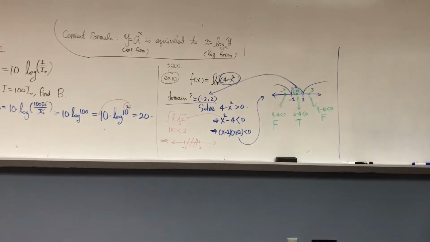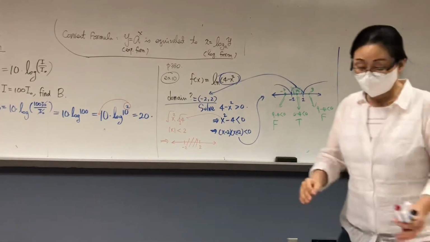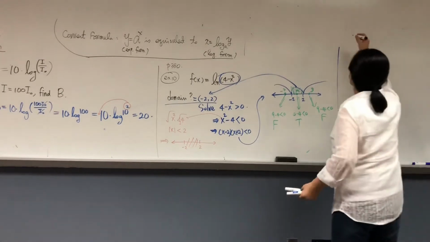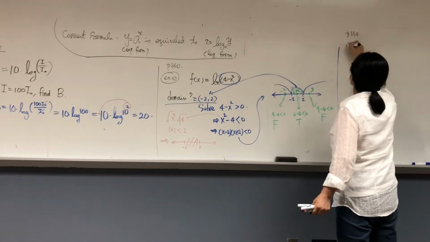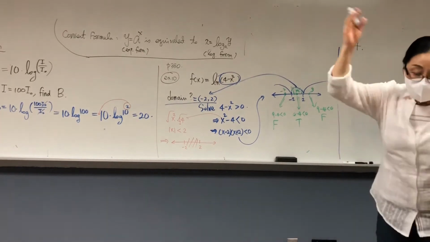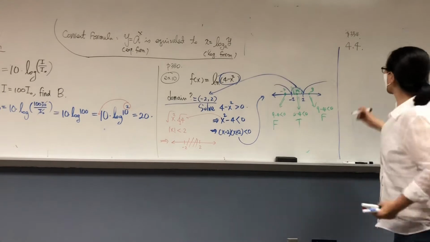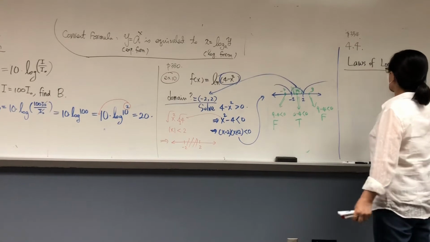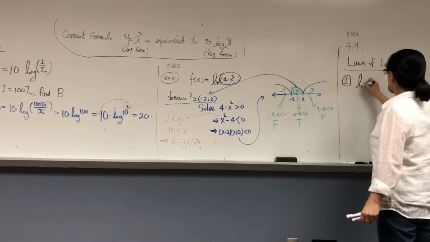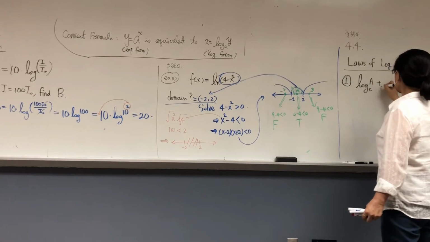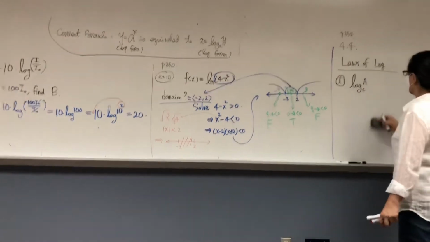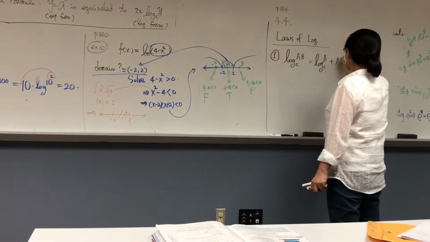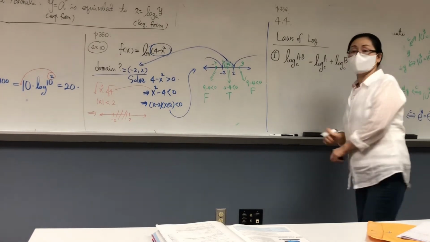Okay, let's move to the next section. Nothing new: section 4.4, page 354. Laws. Log of c base a plus log of c base b is equal to log of c base a times b. Addition formula, right?